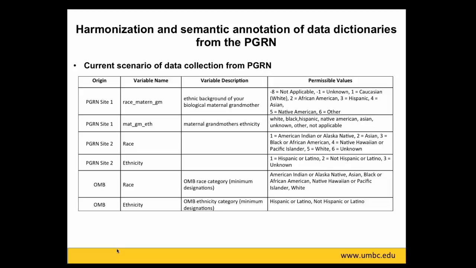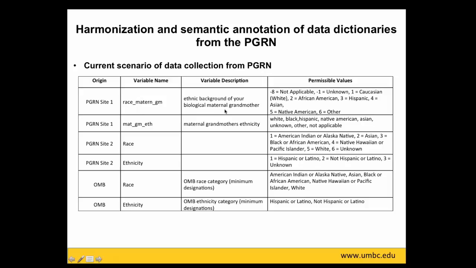This is one example of the data we collect from the PGRN sites. Two sites use different data elements to represent exactly the same thing, for example race and ethnicity.